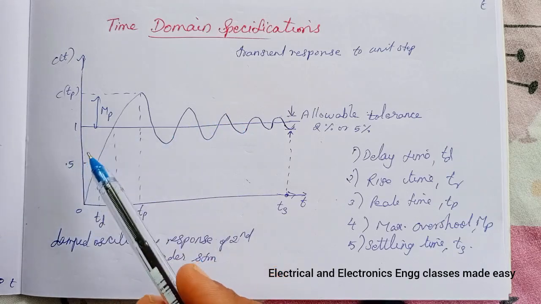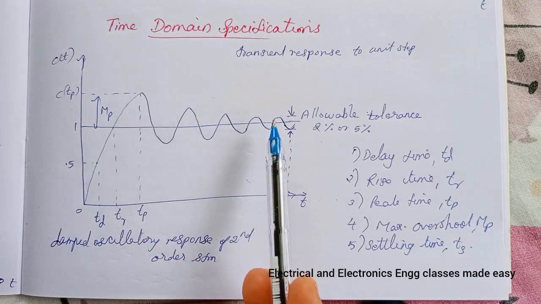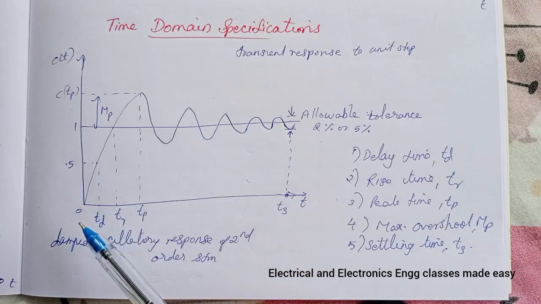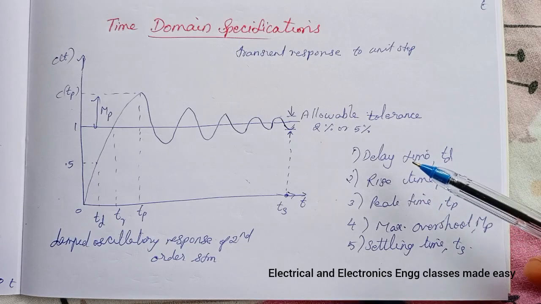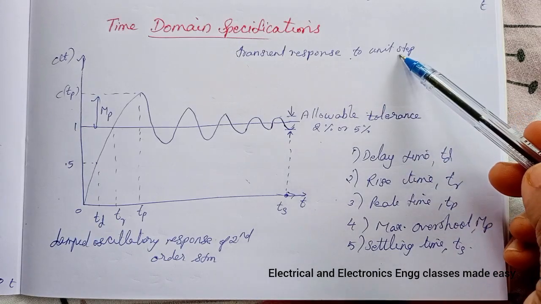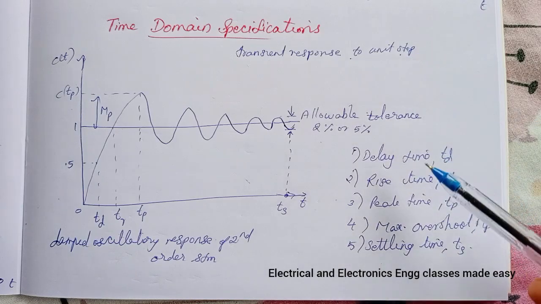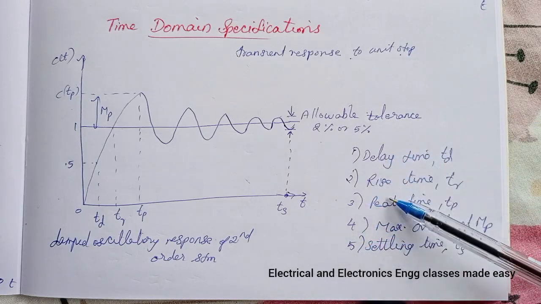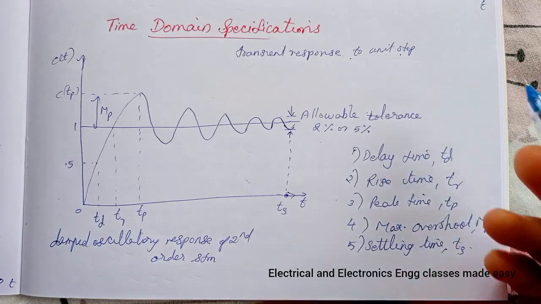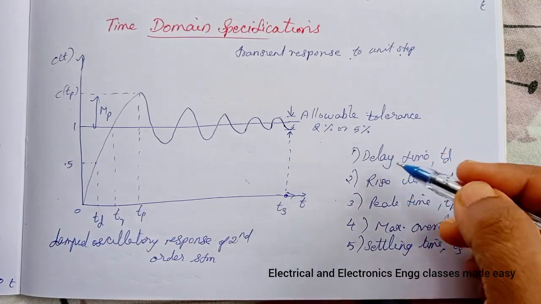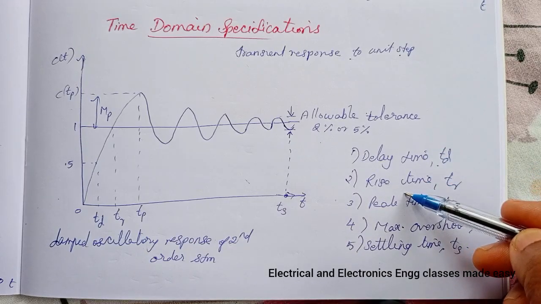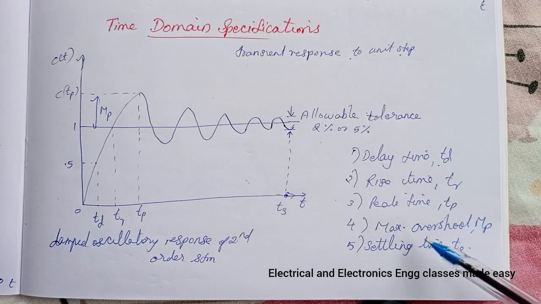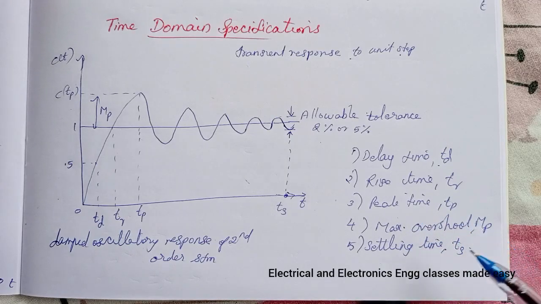A typical damped oscillatory response of a system is shown in this figure, and the transient response characteristics of a control system to a unit step input are specified in terms of these time domain specifications: delay time TD, rise time TR, peak time TP, maximum overshoot MP, settling time TS.